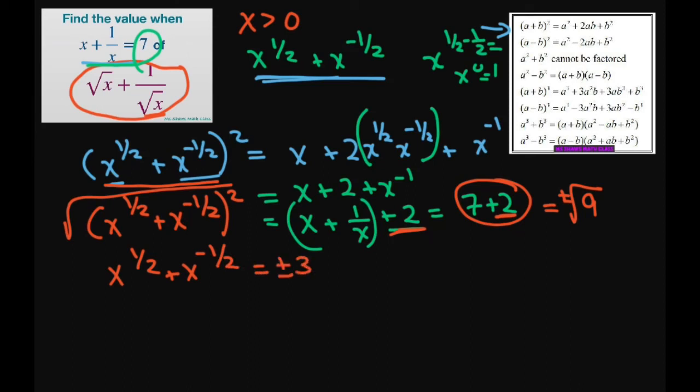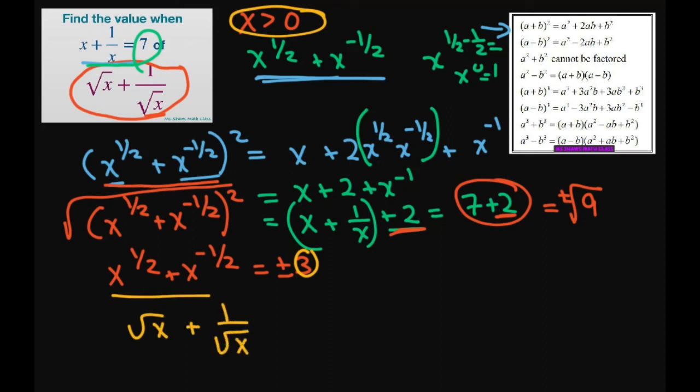But we have to have x positive, so we're only going to take the 3. Therefore, when you rewrite this, we're going to have square root of x plus 1 divided by square root of x, which is this piece, equals 3. We have to disregard the negative 3 because x has to be positive.